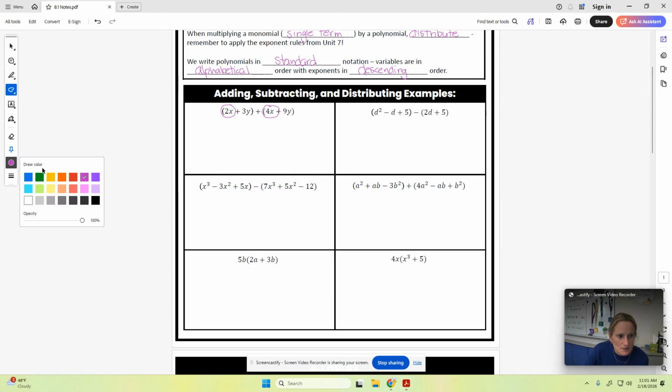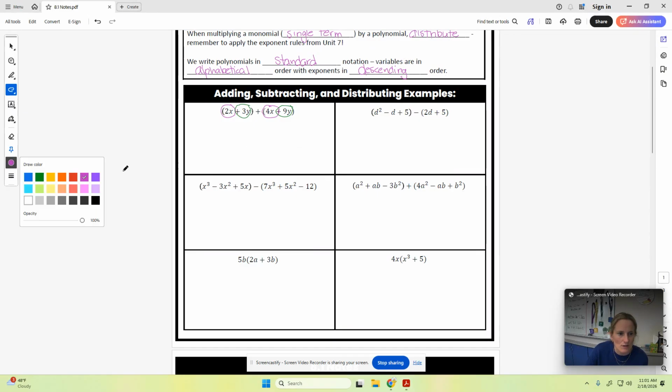The other two terms have y's. So I'm going to change colors. Let's go with green. I'm going to be able to combine my 3y with my 9y. When we're combining like terms, we're just adding and subtracting coefficients.